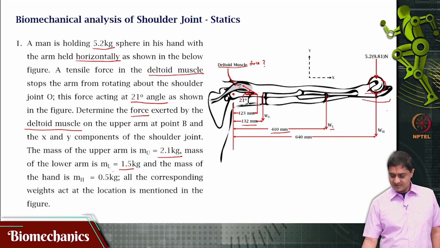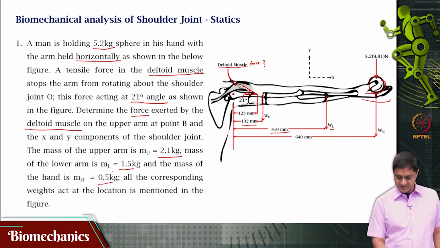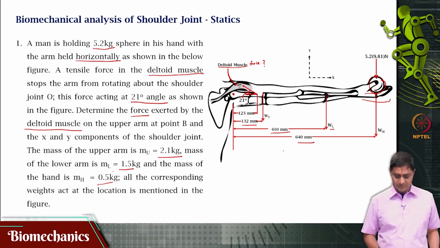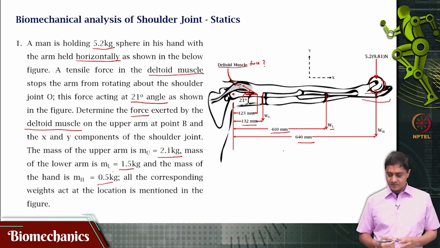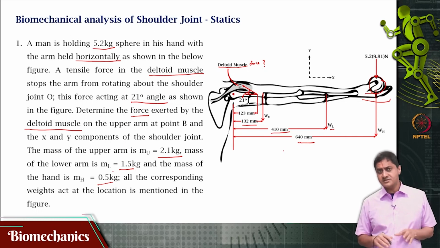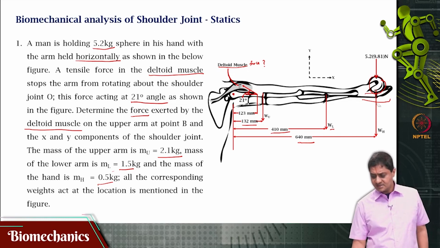The mass of the hand itself is 0.5 kg and its center of mass is at a distance of 640 mm from the point O. And we can assume that the external mass of 5.2 kg is also acting along the center of mass of the hand. So, both are aligned.